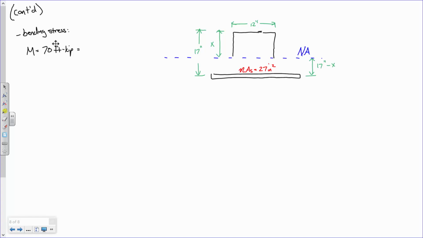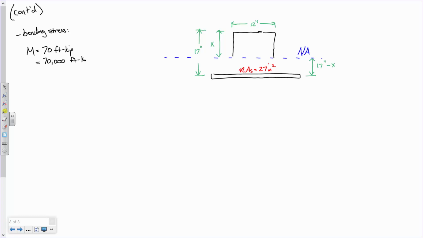How would I convert foot kips to foot pounds? Foot kips to foot pounds would be 1,000. Foot kips to inch pounds would be 12,000. So let's do this slowly.